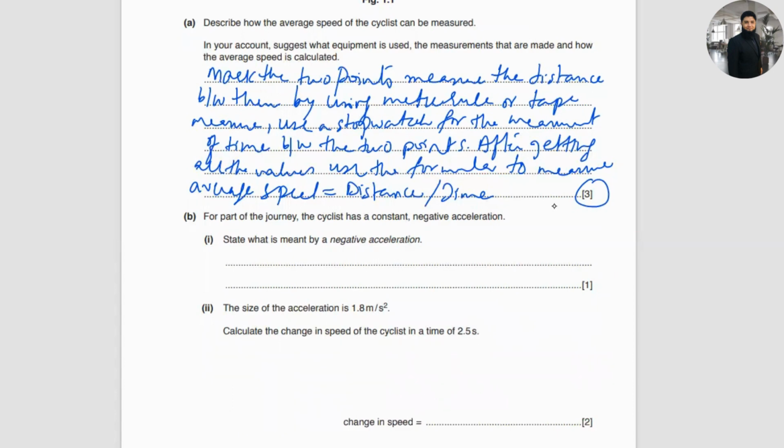And acceleration is a vector quantity and it can be a positive acceleration or a negative acceleration. So negative acceleration is produced when the speed or velocity of the object decreases.